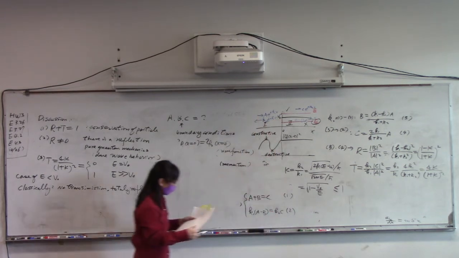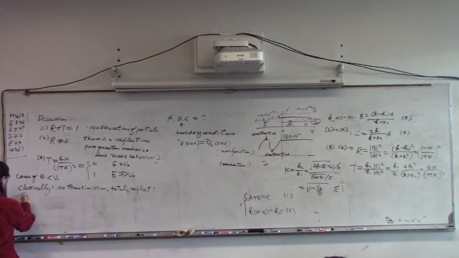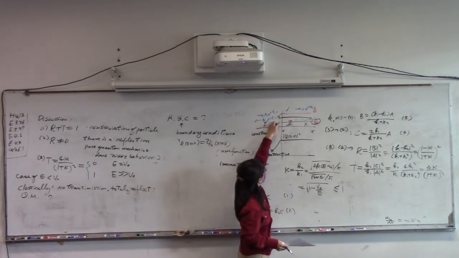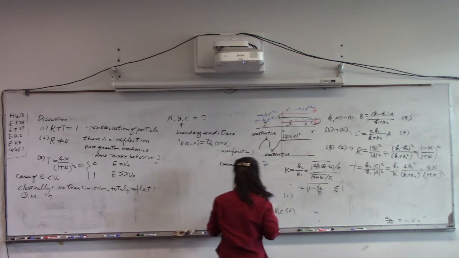That is classical. But now we want to know the quantum mechanics. What will happen? We will see. Even in this case, we still can find a probability that the particle penetrates inside this. So that is interesting.